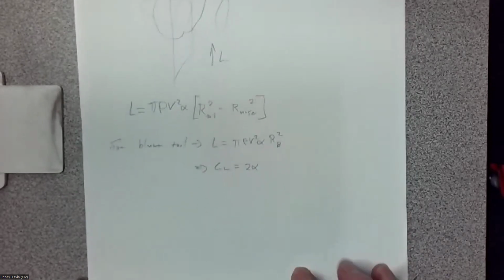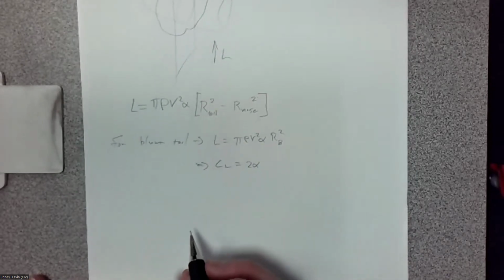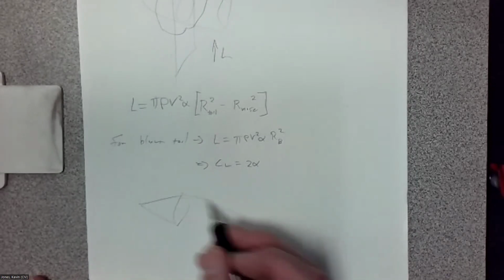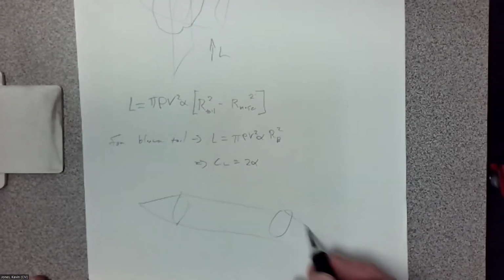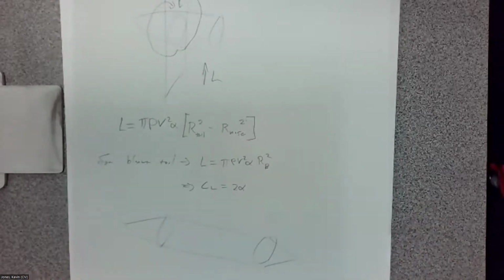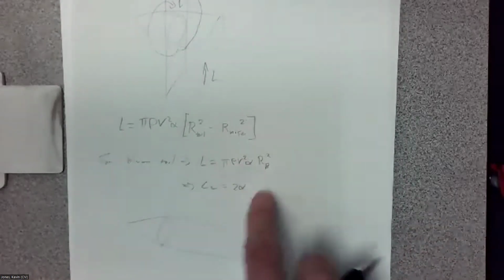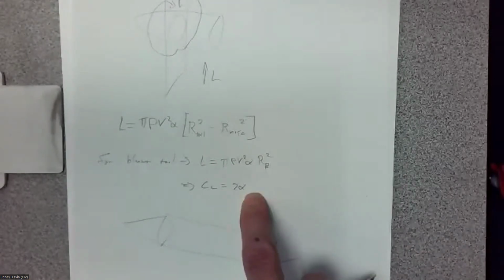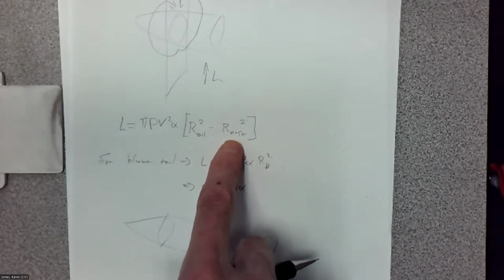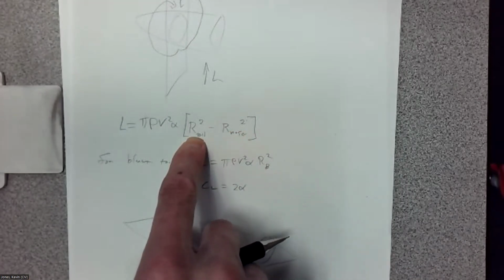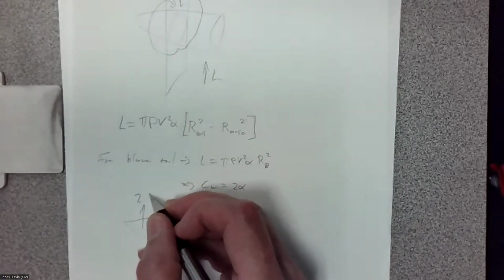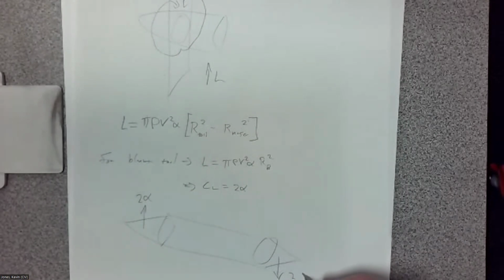But you can actually kind of throw together 3 variations of this. You can have something that's pointing at the front, then a cylindrical section, and then something that's pointing at the back. And it turns out you can sort of apply this equation 3 times. This front bit is the case where CL is 2 alpha. The back bit is the reverse, so our nose is there and our tail goes away. So it's the same thing with a minus sign. So here I've got 2 alpha here, and I've got 2 alpha here.